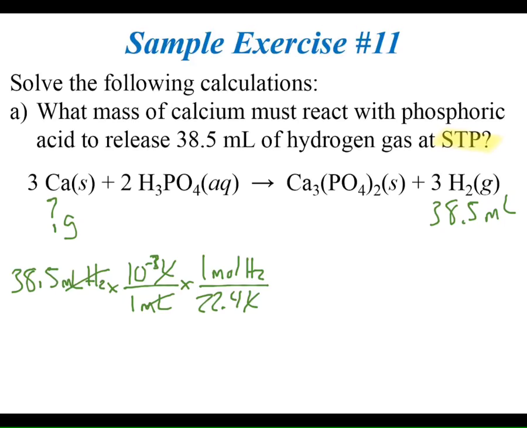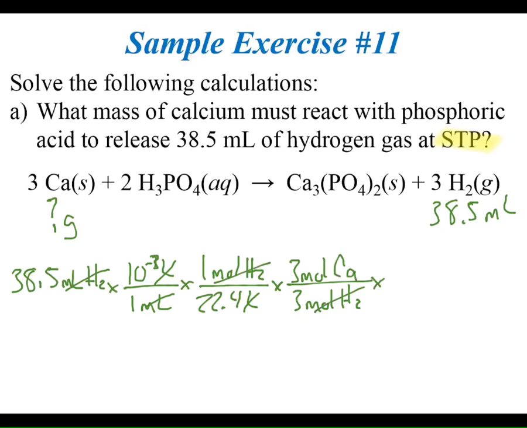How do I connect that over to calcium? Mole to mole ratio. What is it between calcium and hydrogen? 3 to 3, exactly. So for every 3 moles of hydrogen, I need 3 moles of calcium.